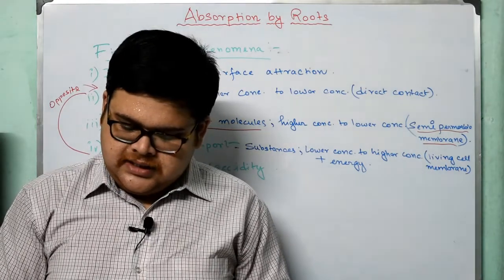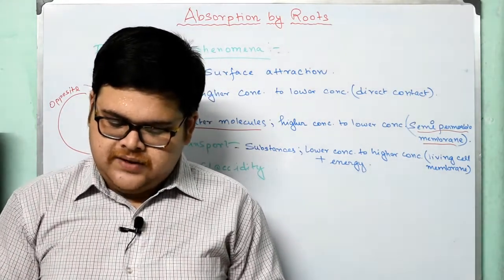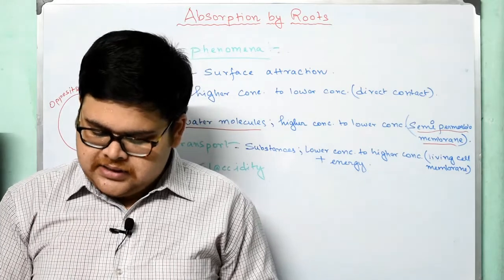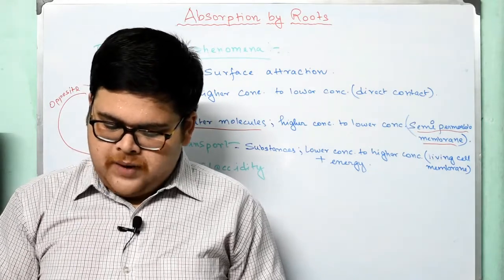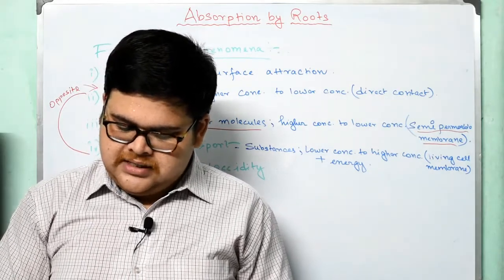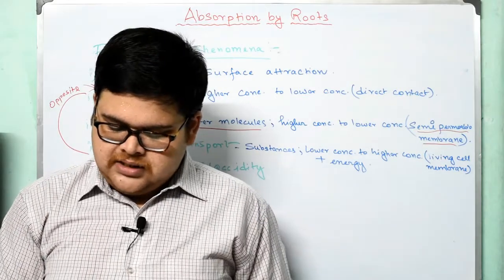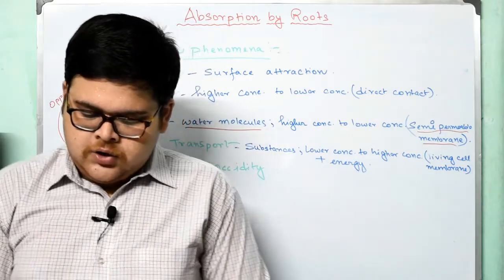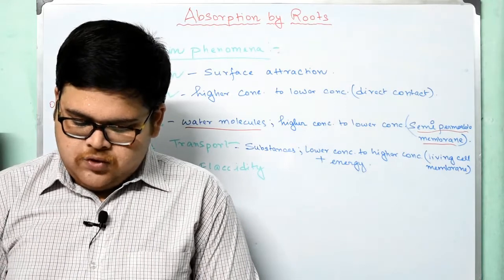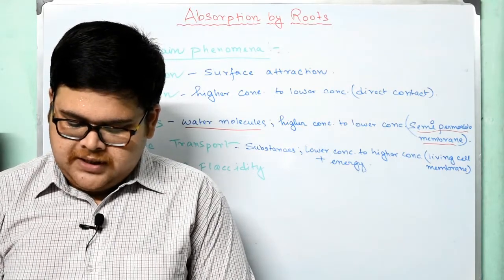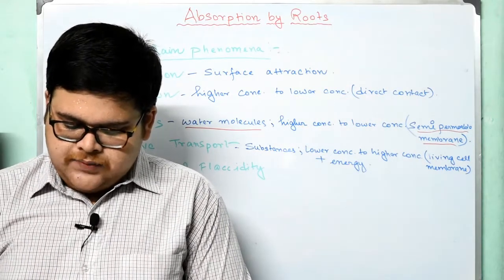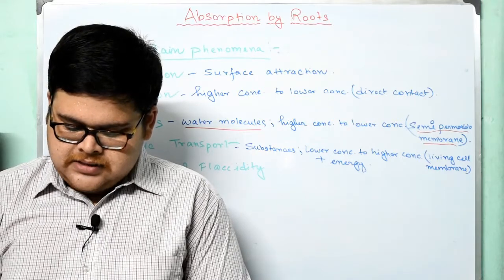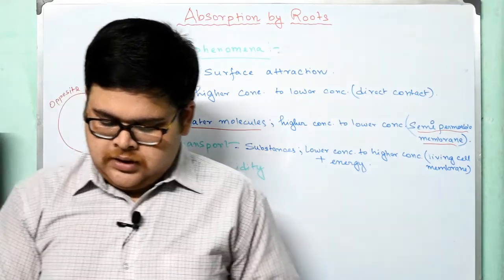Certain nutrients such as ions of nitrates, sulfates, potassium, zinc, manganese, etc. cannot pass through the cell membrane of the root cell easily. This is because their concentration is higher inside the root cell, and it is so maintained in order to develop osmotic pressure for absorbing water. In this way, the concentration gradient of these ions is opposite to that of diffusion.